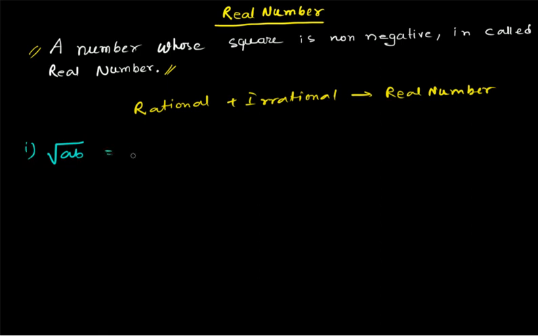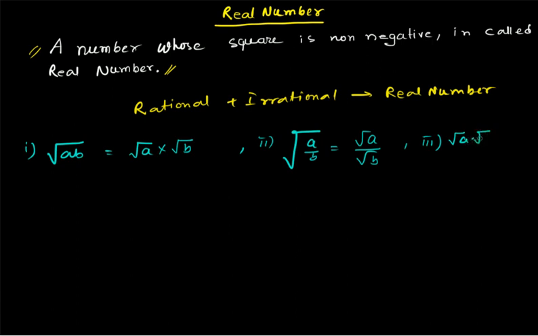Under root AB, you can write it as under root A into under root B. Second one is, say you have under root A by B, you can write it as under root A divided by under root B. The third one is, if you multiply under root A with under root A, it will be A.